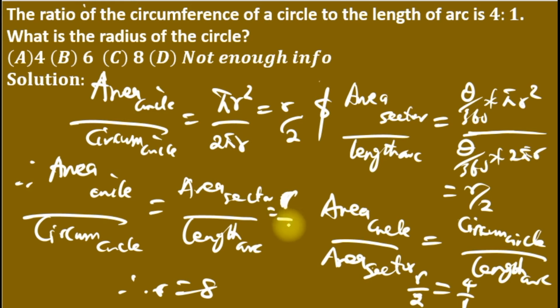Since they equal, this equals r over 2, and this same thing equals r over 2. So even if you interchange, this comes here, this goes here, they will also be equal to r over 2. So that's why I made it r over 2. So our answer is 8, C.